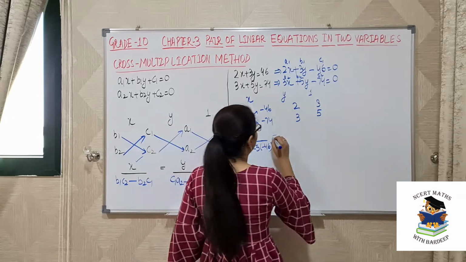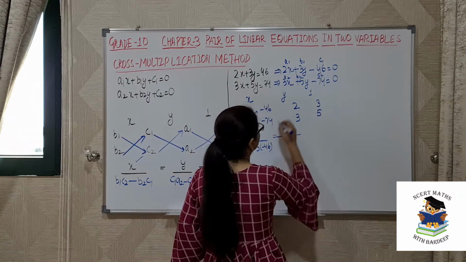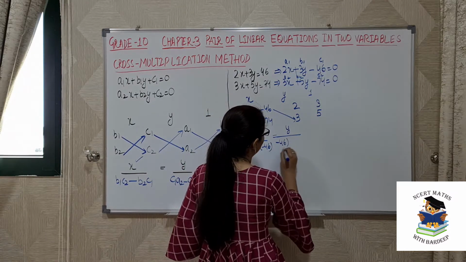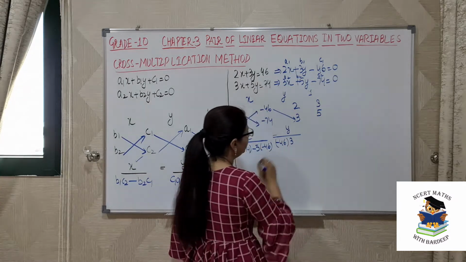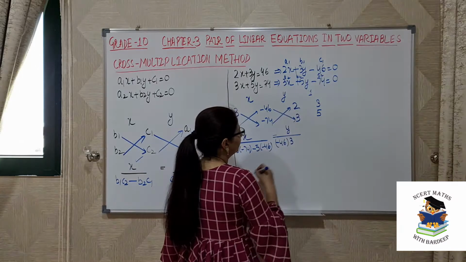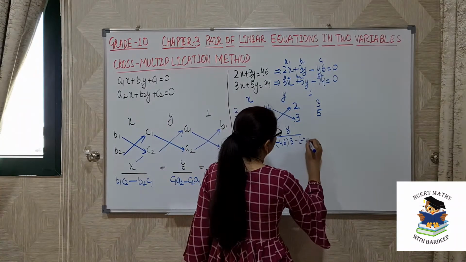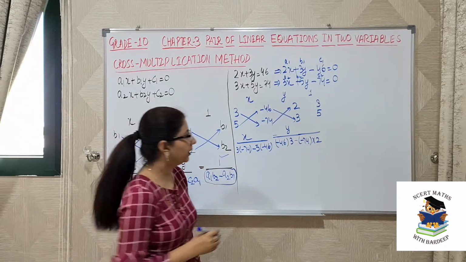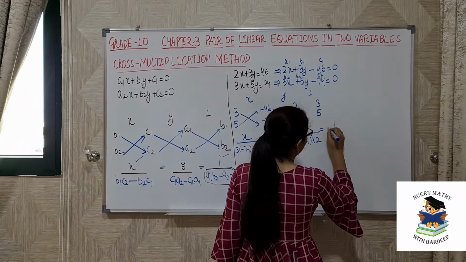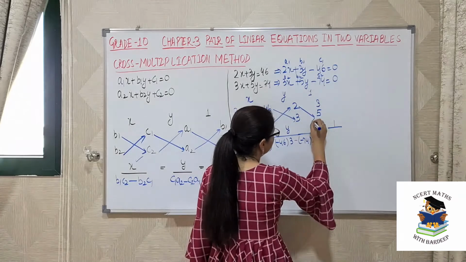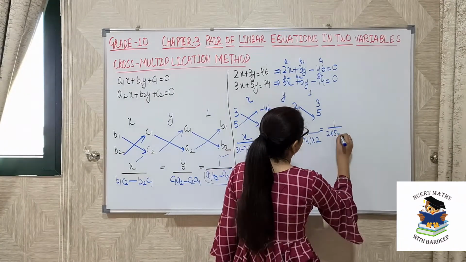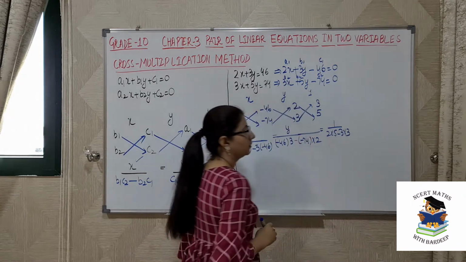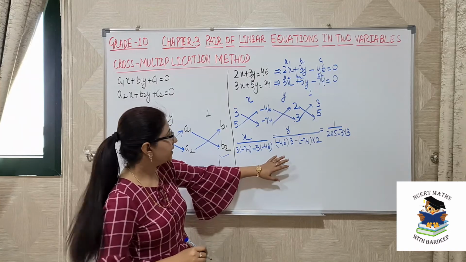Again y over: minus 46 should be multiplied with 3 and now this arrow, so minus of minus 74 multiplied with 2. Last is 1 over 2 into 5 minus 3 into 3. I hope this is clear.